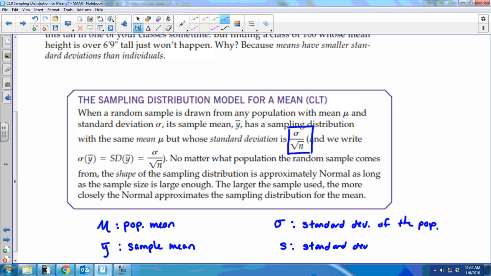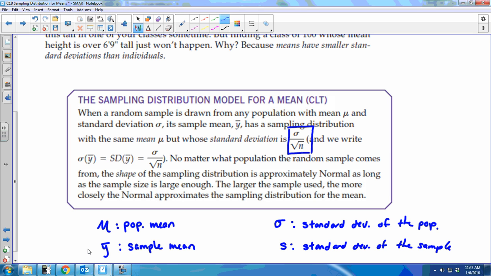That would be S. These are going to come into play in later chapters, but you have to keep track of what they're telling you. Are they telling you something about the population or something about your sample? Because later on, that's going to be a big, clear difference in formulas you use. So just make sure you're trying to keep track of that now.